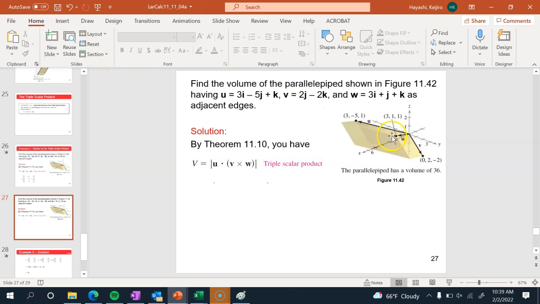Okay, so there are three vectors, and you can make a parallelepiped out of them.